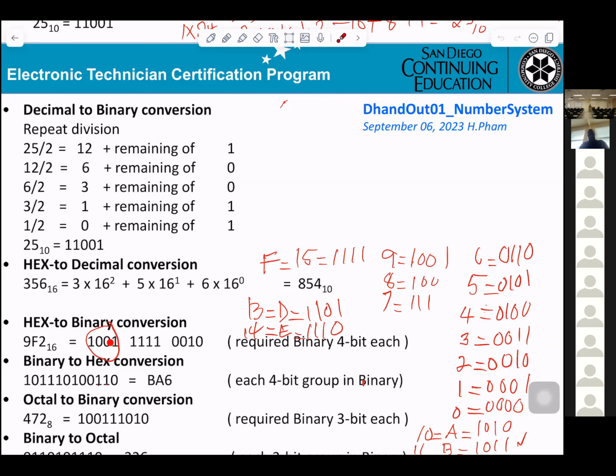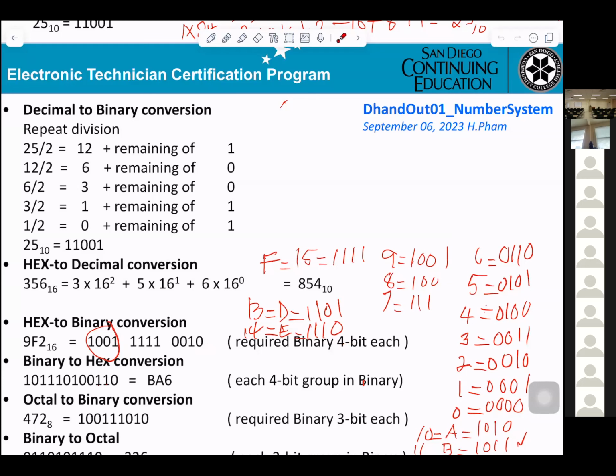It must be 4 bits. Number F will be 1, 1, 1, 1. Number 2 will be 0, 0, 1, 0. That's what I said, it requires binary 4 bits.